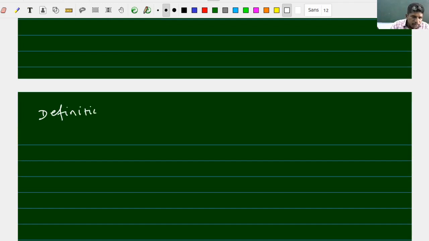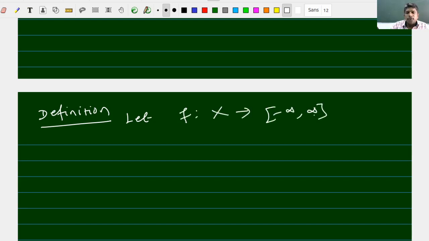Okay, so now using this note, we write the definition of the integral of a non-negative measurable function. Let f from X to [0, infinity] be a non-negative measurable function.